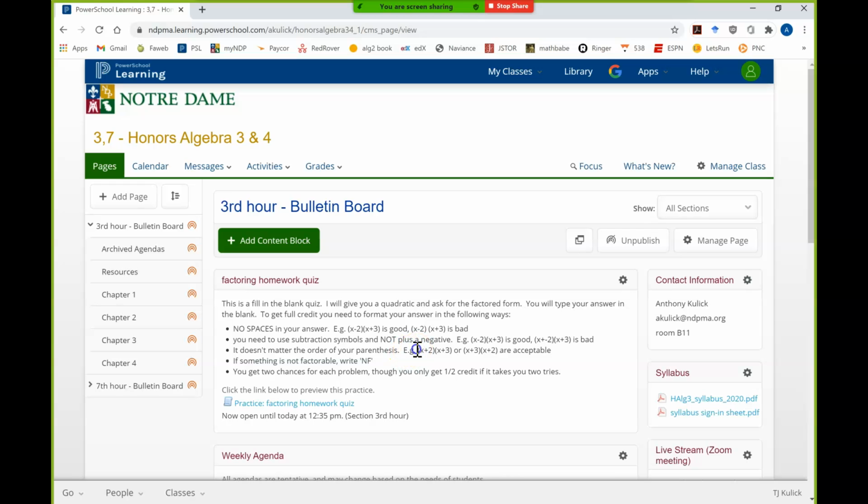The order in which you write your two parentheses doesn't matter. So for example, (x+2)(x+3) and (x+3)(x+2) would both be acceptable. If you run into a problem that's not factorable, you need to write the letters NF. It doesn't matter if they're capital or lowercase, but those are the only two letters you should write.